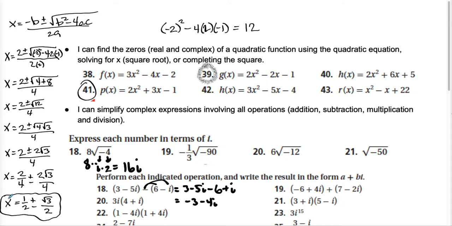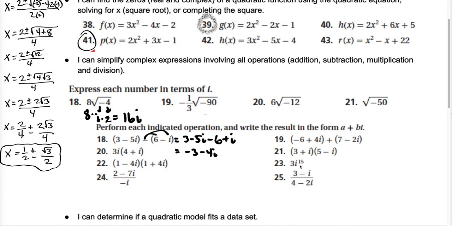Okay, do you need me to do 3i to the 15th at all? Okay, I'll do it real fast because I want to give you some time here, so we'll do this quick and then do the quadratic one, the Desmos one. So for 3i to the 15th, I need to figure out what i to the 15th can be changed into.